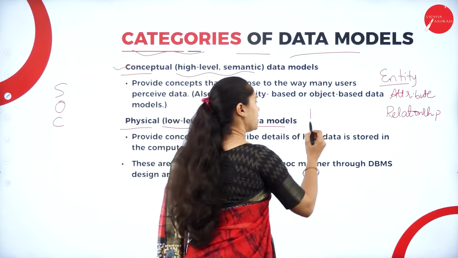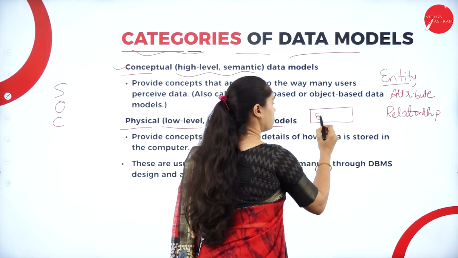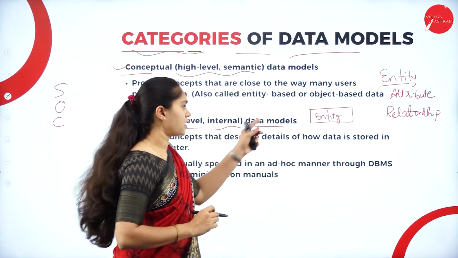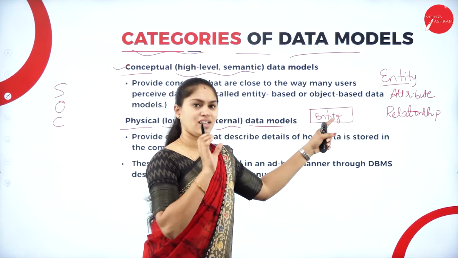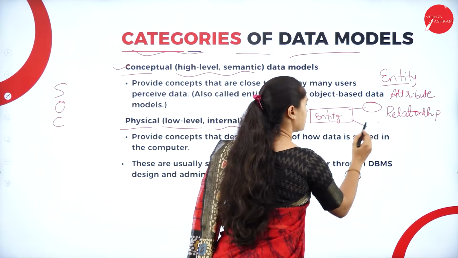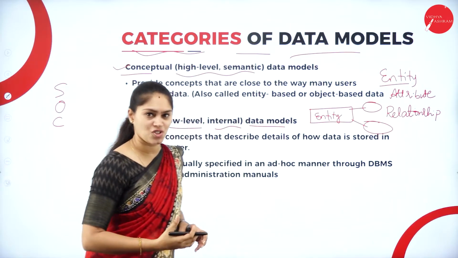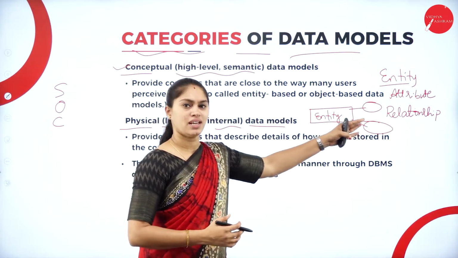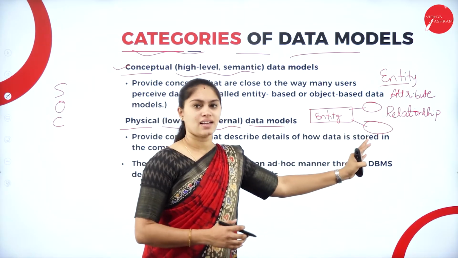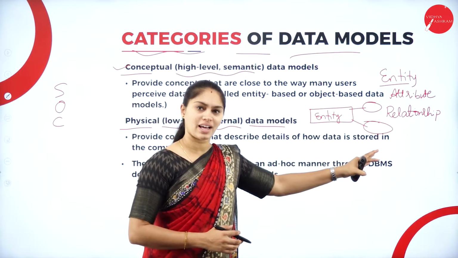An entity is described with the help of a rectangular box. If I consider this as an entity, it needs to be specified within a rectangular box. Attributes are the characteristics that specify its nature. And a relationship is how one entity is related to another entity.